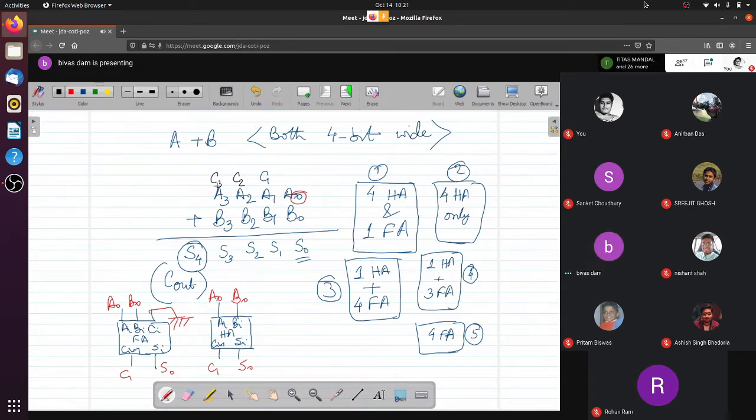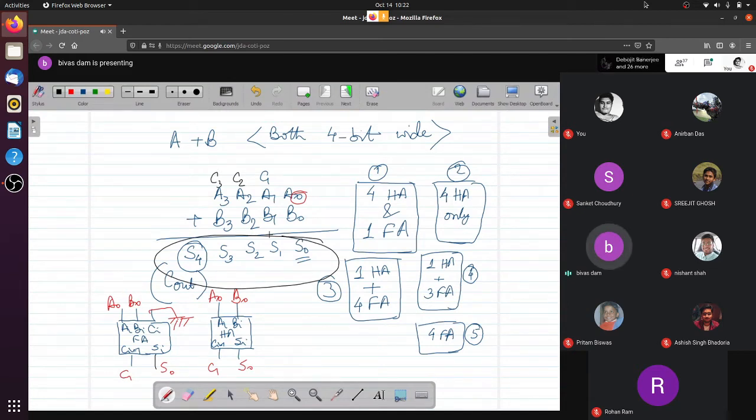For position number 3, once again one full adder will be required to accommodate A3, B3, and C3, and the result will be S3, the least significant bit, and S4, which is also the carry out generated from this final stage full adder. So I am getting this 5-bit result S4, S3, S2, S1, S0, and this S4 is also called the carry out of the adder circuit.